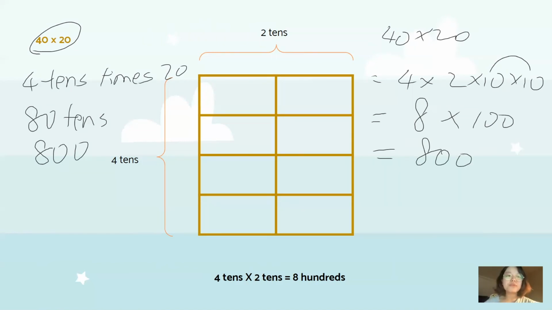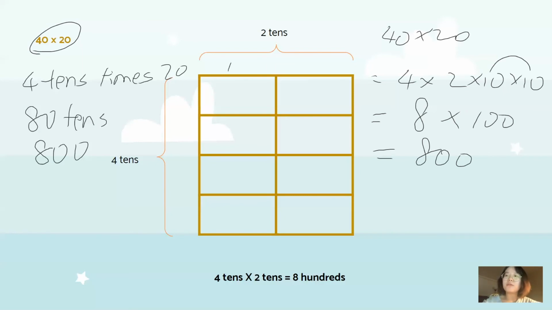So let's prove that we can multiply the units. Draw a 40 by 20 rectangle on your personal whiteboard or paper and partition the horizontal side into 2/10 and the vertical side into 4/10. Label each side. What is the area of one square?